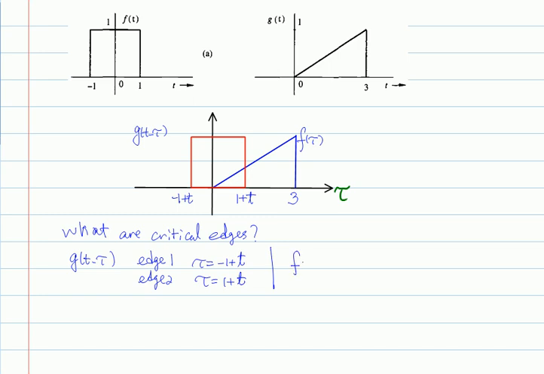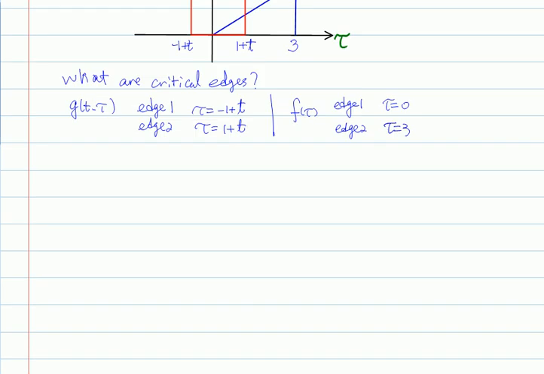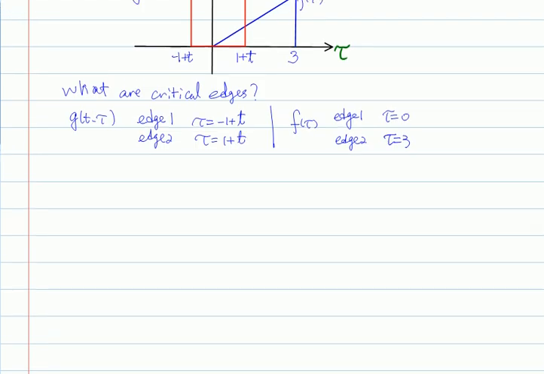For the function f of tau, we also have two edges: edge number 1 is tau equal to 0, and edge number 2 is tau equal to 3. Now these four edges will eventually determine how and where they overlap.